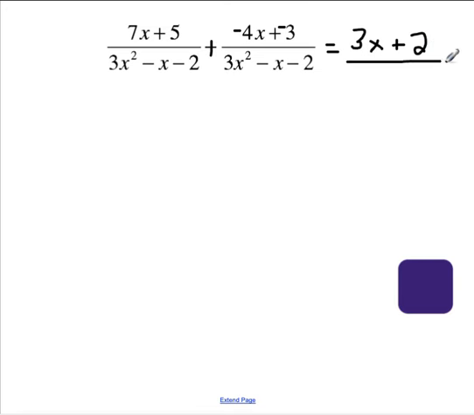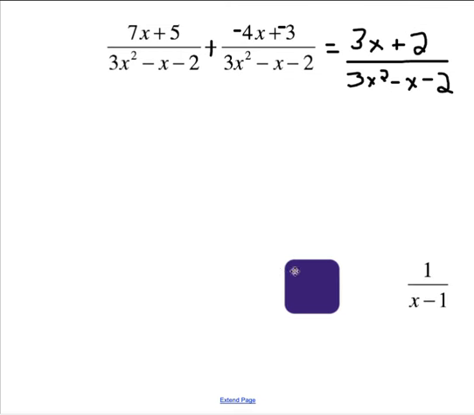The denominator is 3x squared minus x minus 2. Now, you want to check the denominator to make sure that one of its factors isn't 3x plus 2, because if it is, we could cancel.